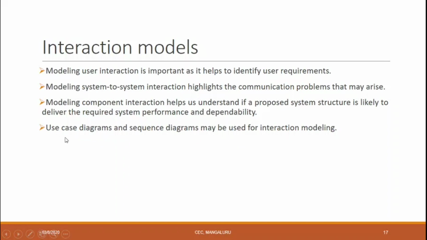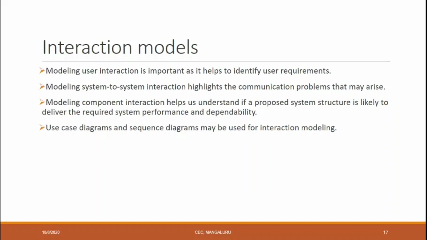Here in the interaction model, we will discuss the use case diagram and sequence diagram that are used for interaction modeling. So these are the 2 related approaches regarding interaction modeling.